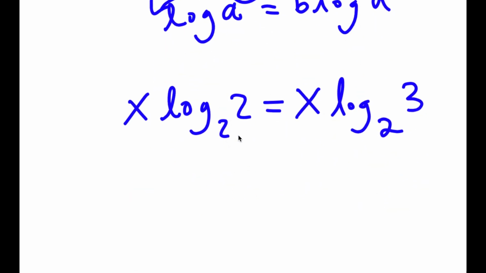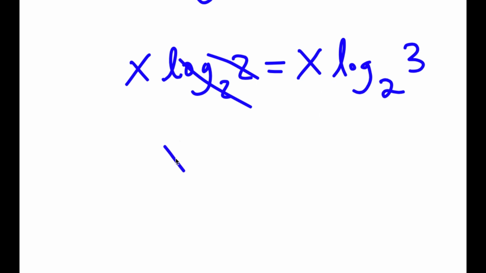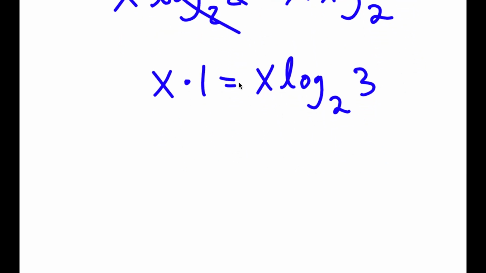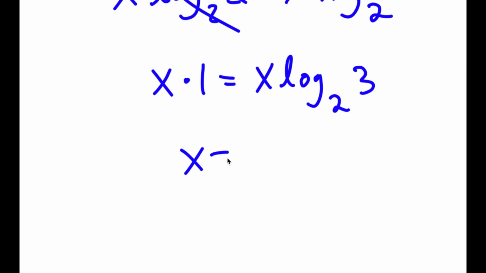So log base 2 of 2, these two cancel out, so I get simply left with x times 1 is equal to x times log base 2 of 3. And x times 1 is simply x, so I get x is equal to x times log base 2 of 3.